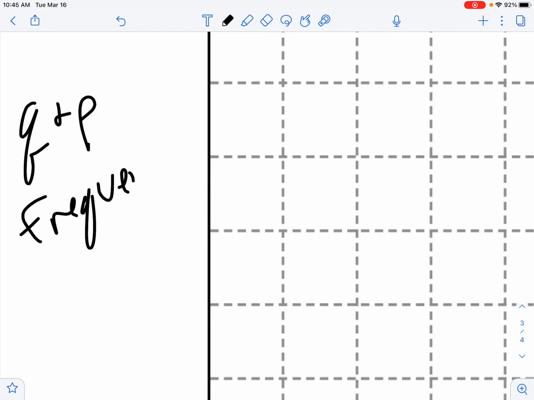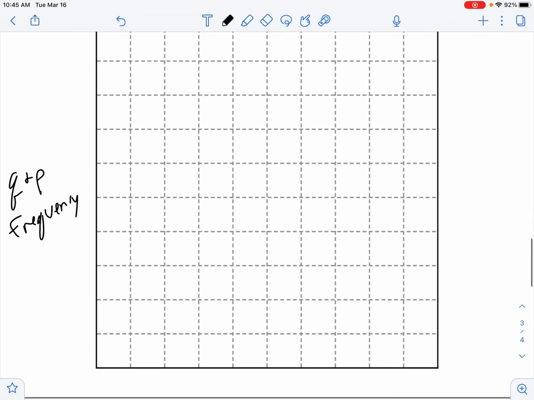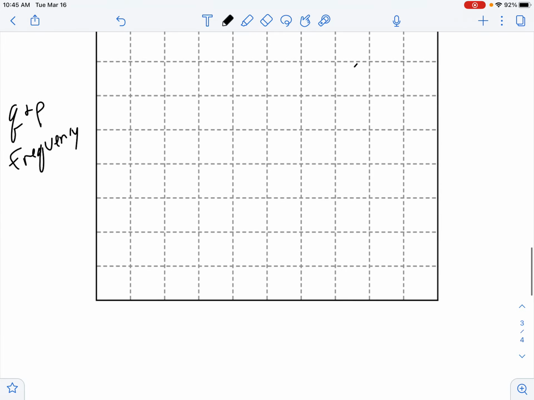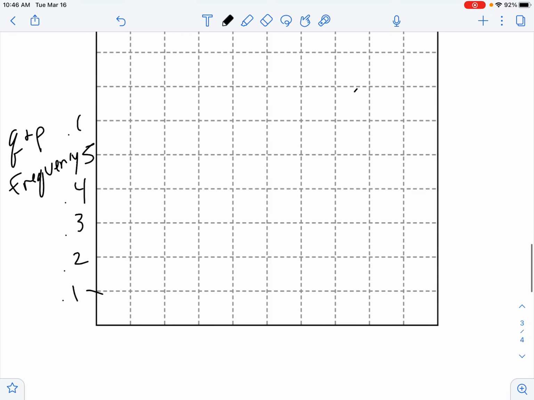So Q and P frequency must go on the y-axis, and the frequency values are going to go between 0 and the highest frequency you'll get, which would be like 1. So this would probably be like 0.1, 0.2, 0.3, 0.4, and so on, 0.5, 0.6, 0.7, 0.8.